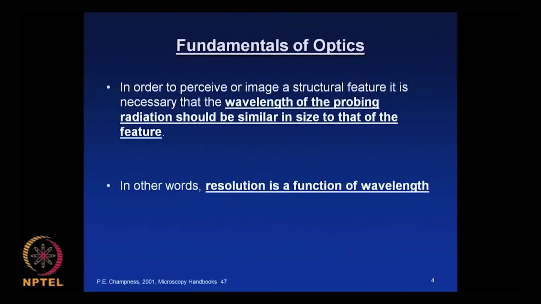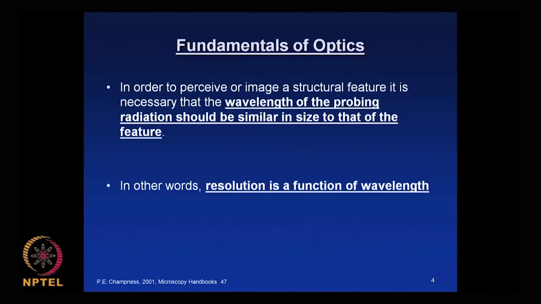So, the first and foremost important thing which you have to understand is that, in order to perceive or image a structural feature, it is necessary that the wavelength of the probing radiation should be similar in size to that of the feature.